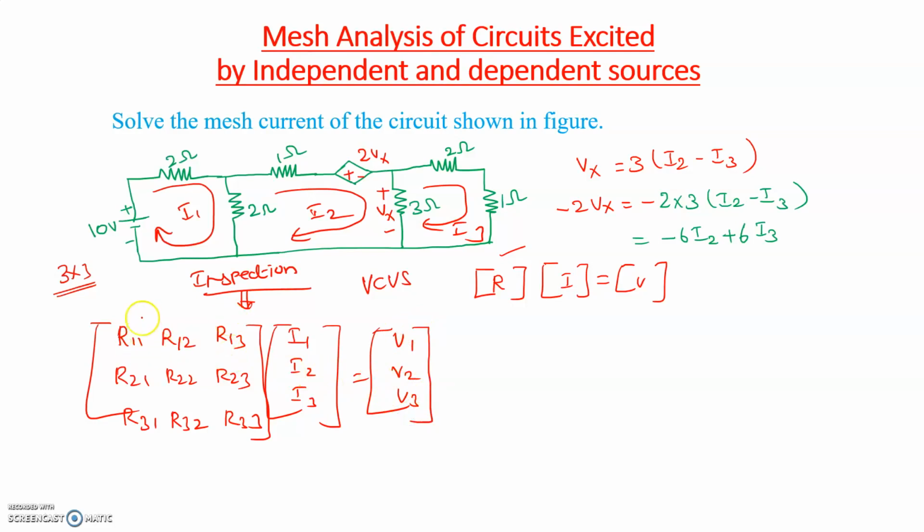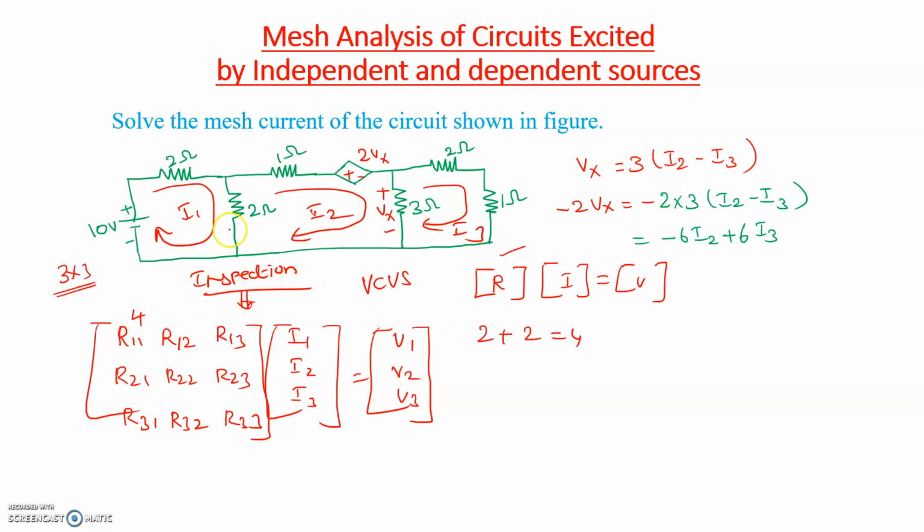So what is R11? The summation of the resistance in the first loop, which is 2 plus 2, that is 4.